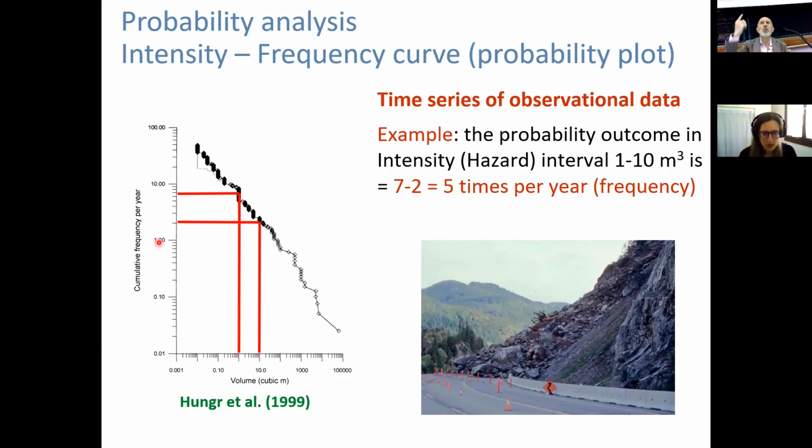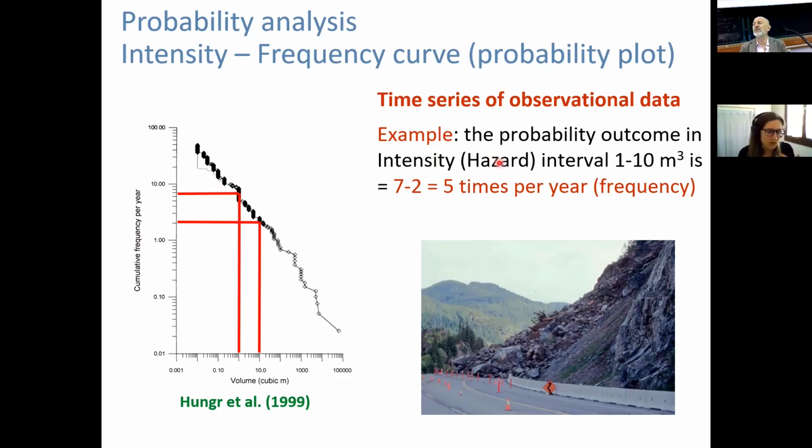So 1 is 1 event per year, 10 is 10 events per year along the street, 100 is 100 events per year, and so on. It's easy to understand the relationship: the higher the volume of the possible rock slide falling to the street, the higher the cubic meter volume, and the lower the probability. Where the volume is lower, the frequency during the year is higher.